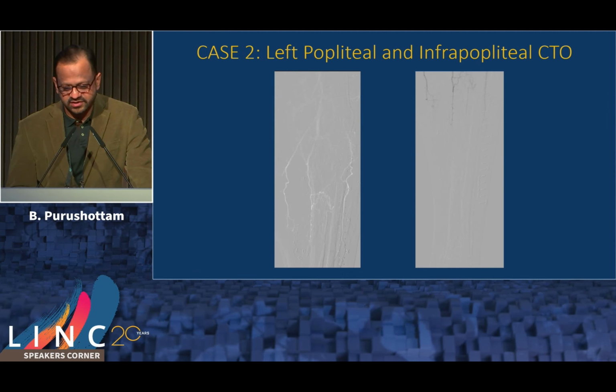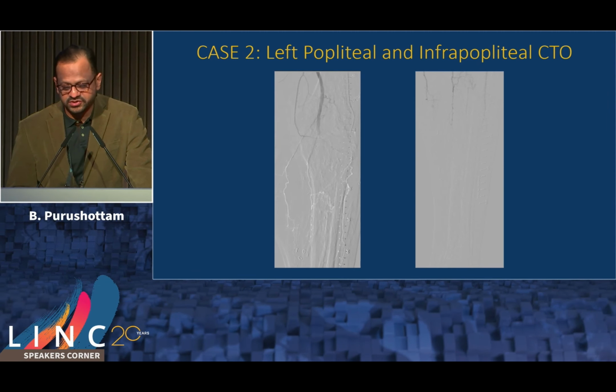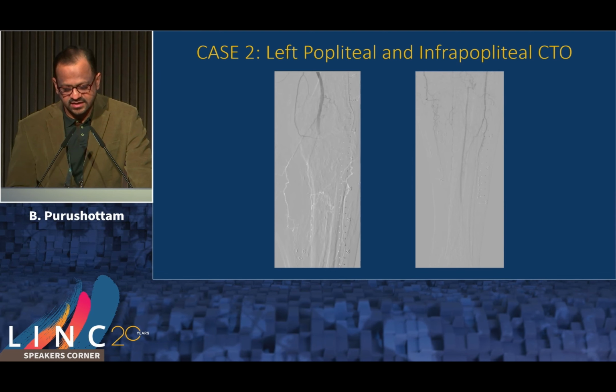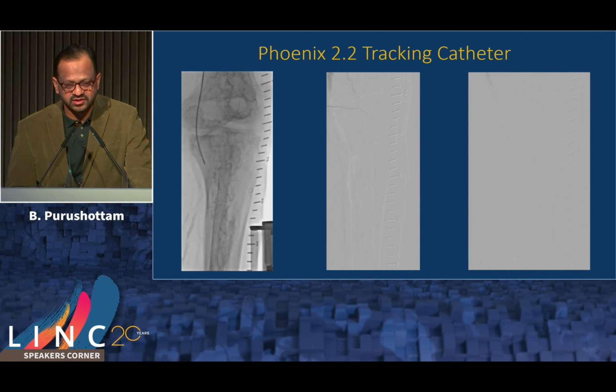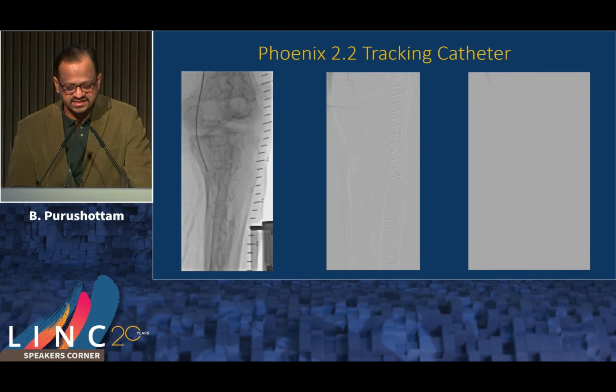This is a case where you have the CTO involving the P2 and P3 segments of the popliteal, which also involves the tibioperoneal vessels. That's the flow all the way down to the foot, to the peroneal. We used the 2.2 straight catheter and advanced it all the way to the TPT. These are the cases where I find IVUS useful to assess the size as well as the calcification.